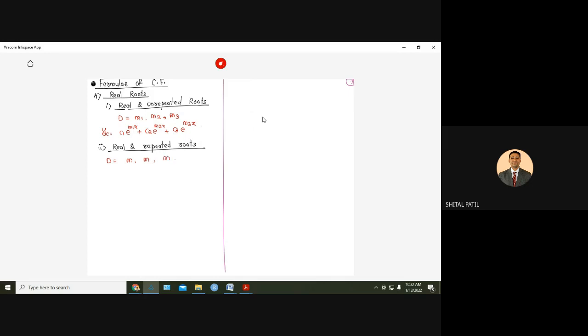Next root is also m. So how many roots are there? 3 roots are there. And then what is the complementary function? Like this, c1 plus c2x plus c3x squared, and then e raised to mx. Okay, next.